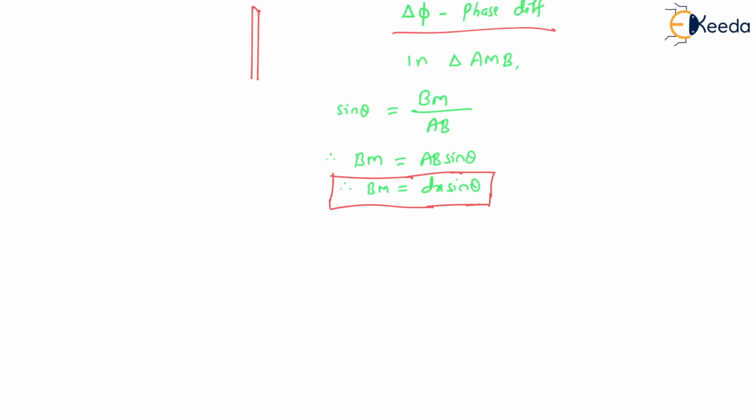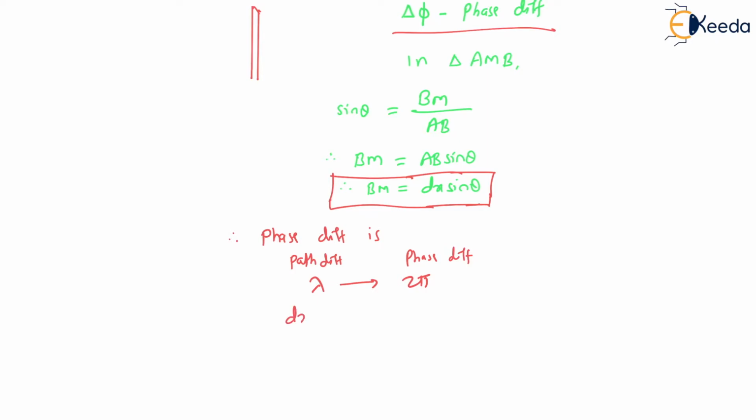Therefore, the phase difference is: now see, as we all know, if there is a path difference of lambda, it corresponds to a phase difference of 2 pi.